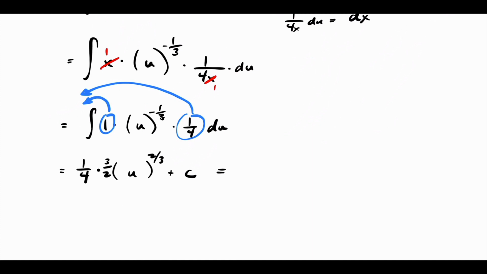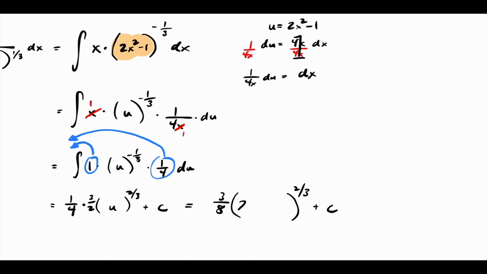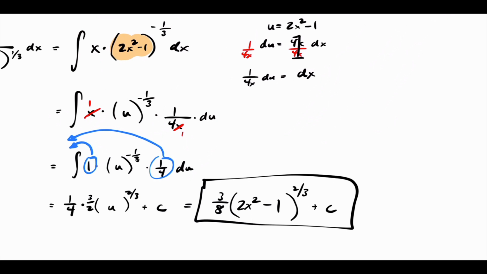So that becomes 3/8. I move u back in. u was 2x squared minus 1.